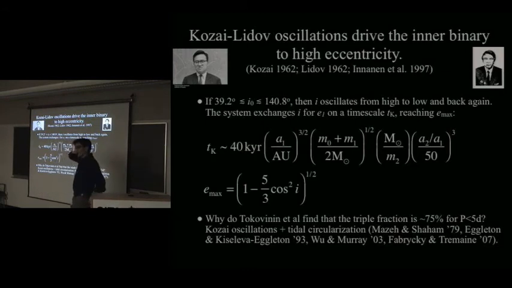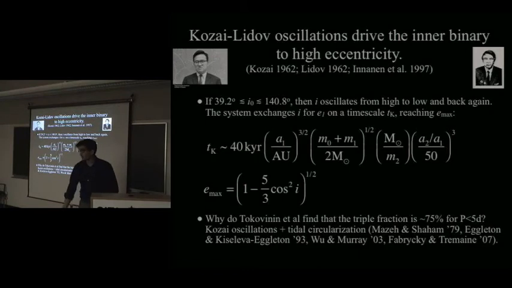The critical angle, I think, does depend on the masses if all the masses are unequal and if all the eccentricities are non-zero. But I also think it's around this 39.2 degrees. It's very close to that. This is a good working approximation. The Kozai time depends on the masses. This maximum eccentricity doesn't really depend on the masses, certainly at this order it doesn't.